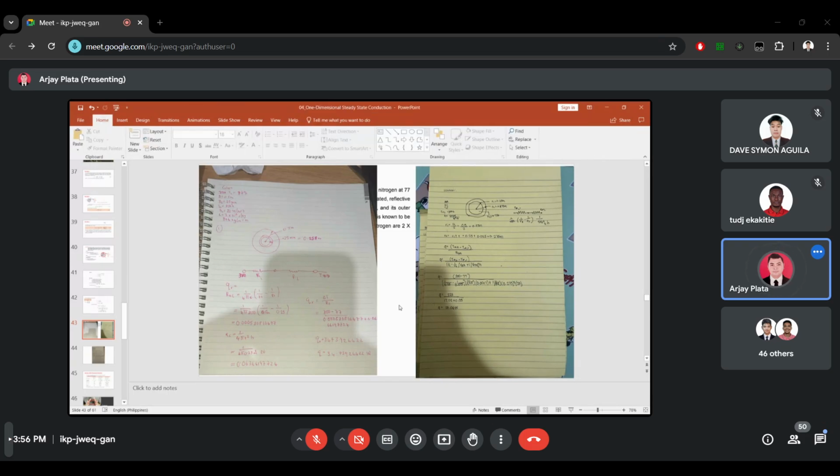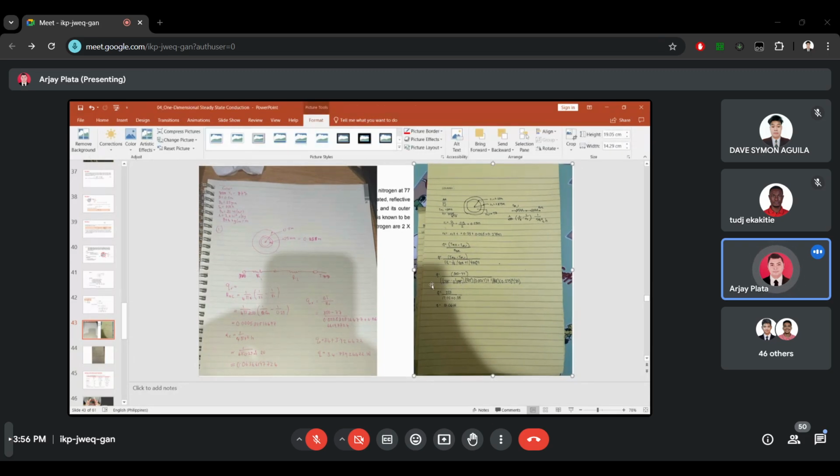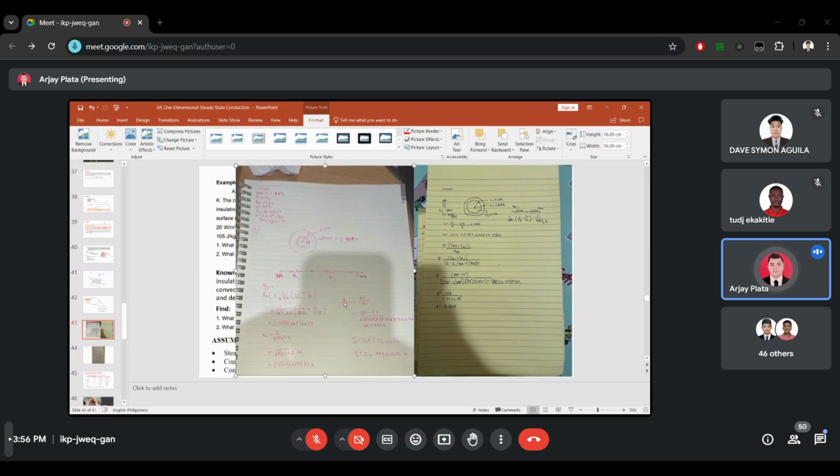Can you all check which part is correct and which part is not?